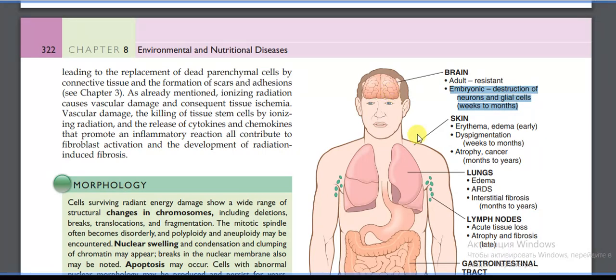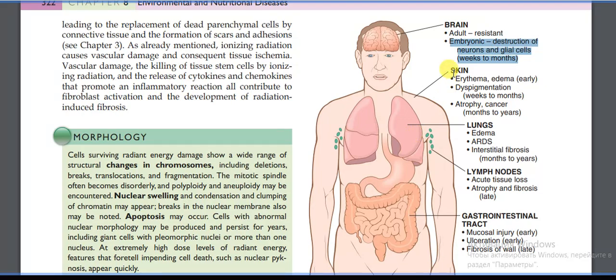Skin: erythema and edema happen due to misfolded proteins. In the early period, then it causes dyspigmentation, which happens after weeks or two months, due to failed metabolism in skin tissue. And finally, it causes atrophy, sometimes cancer, also due to massive apoptosis in this tissue.